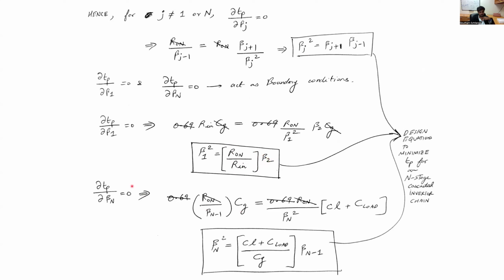And similarly, you also get a boundary term for the nth inverter. For the nth inverter, you get an expression which says that the square of the size of the nth inverter is related to the size of the n minus 1th inverter, but by this ratio of the total capacitance of the link plus load capacitance over the gate capacitance of the unit inverter.